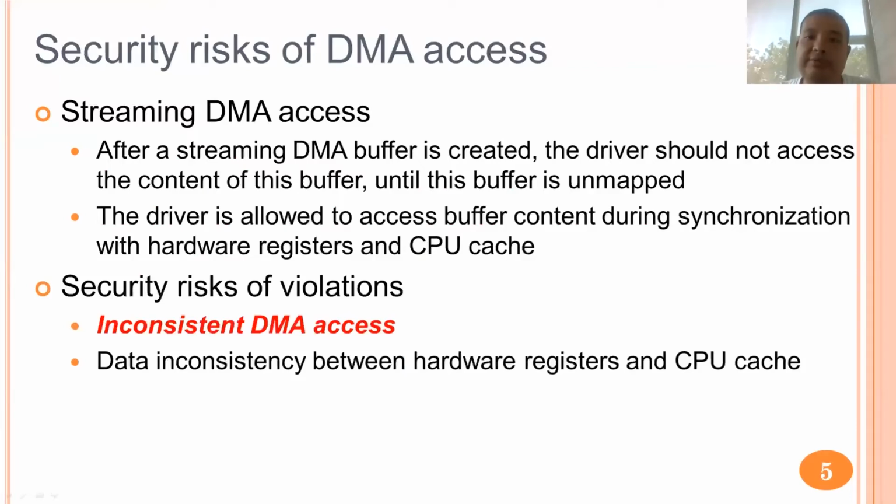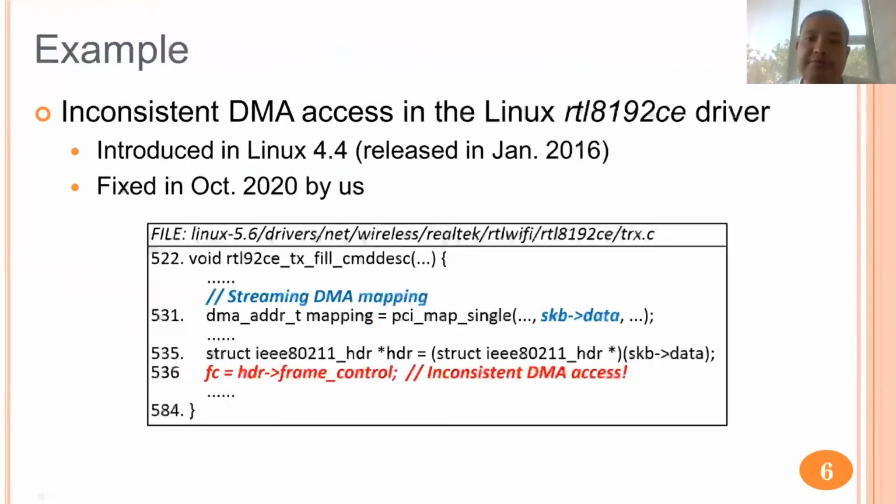There is one exception, namely the driver is allowed to access buffer content during synchronization with hardware registers and the CPU cache. If this rule is violated, the data between hardware registers and CPU cache can be inconsistent, which can cause hardware or driver malfunctions. For short, we call such violation inconsistent DMA access.